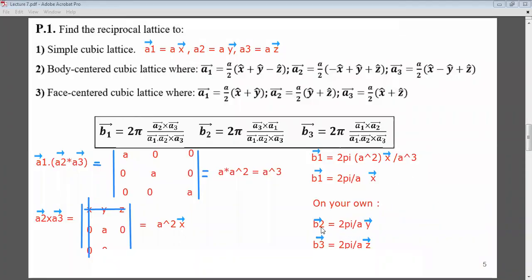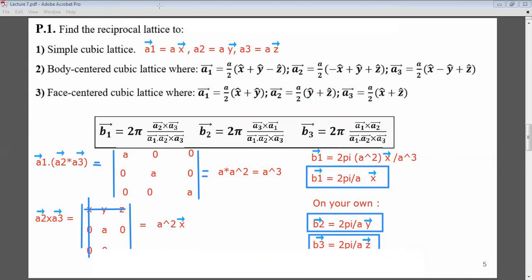I just corrected this. Now if we look at these new lattice vectors, this is B1, this is B2, and this is B3, okay? What do they tell me about the lattice? If we compare, A1 equals AX, A2 equals AY, A3 equals AZ. B1 equals something X, B2 equals something Y, B3 equals something Z.